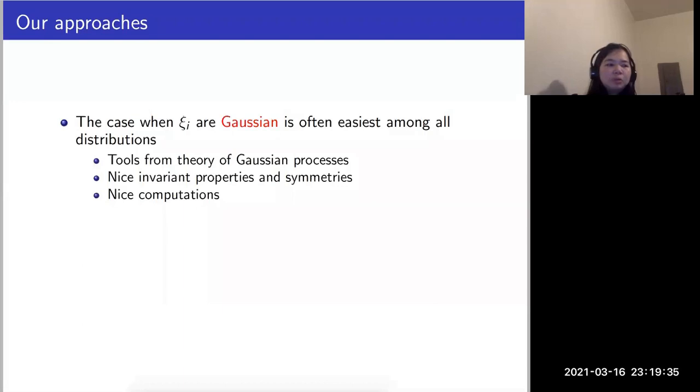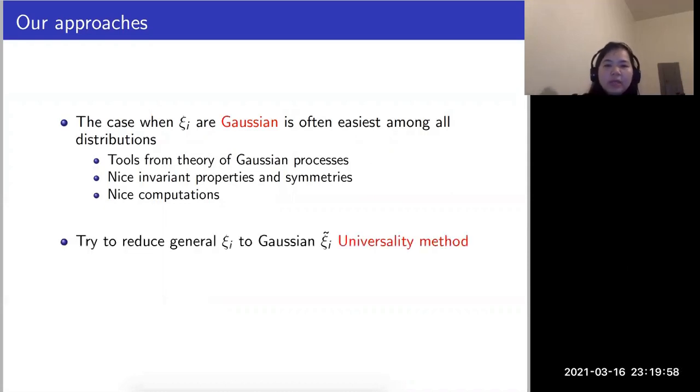We have tools from the theory of Gaussian processes. These Gaussian random variables have nice computation, nice invariant properties on the complex plane, and nice symmetry properties. So that is usually the first case that we study.